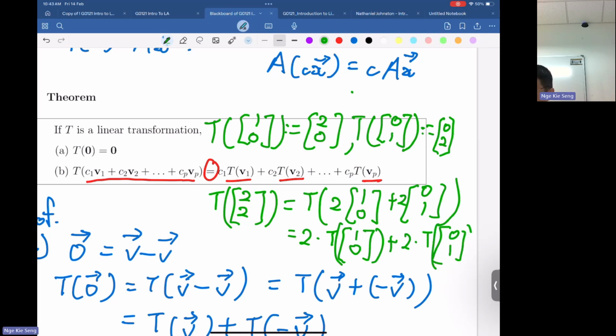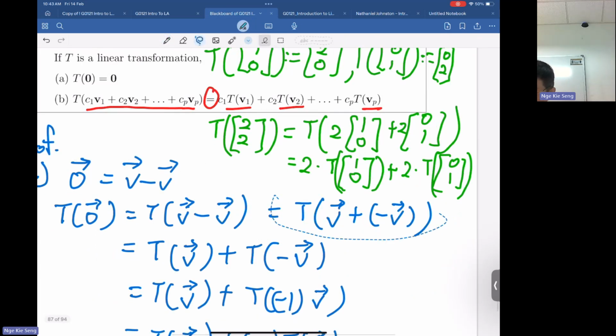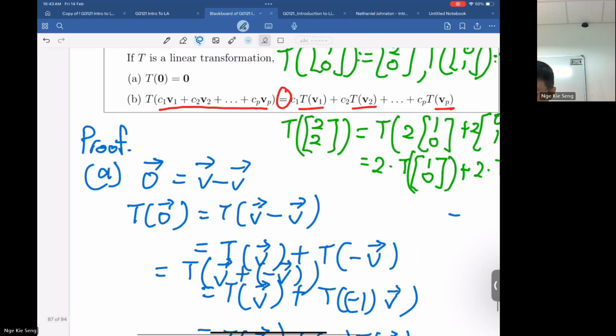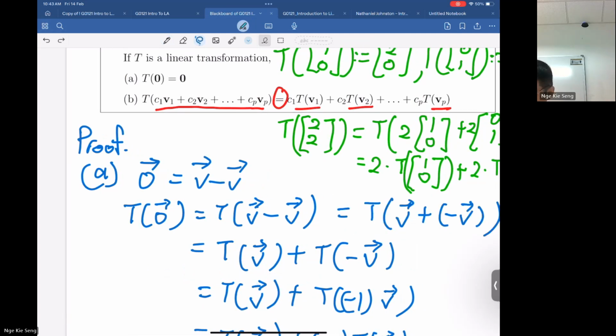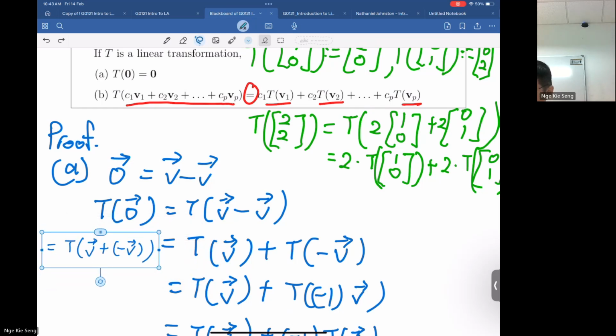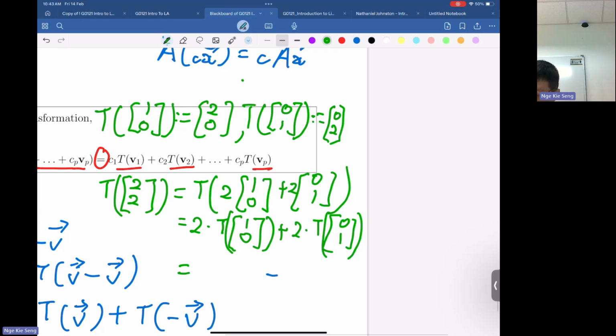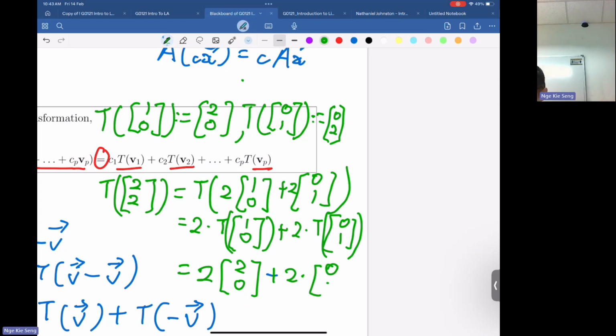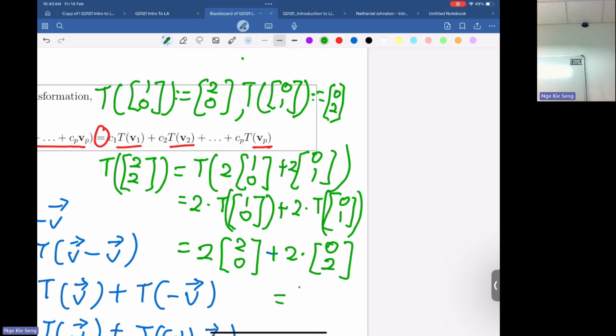But I already told you what happens to (1, 0) and (0, 1). (1, 0) will go to (2, 0), and then (0, 1) will go to (0, 2). So in the end, you get (4, 4). So this part here is by part B.